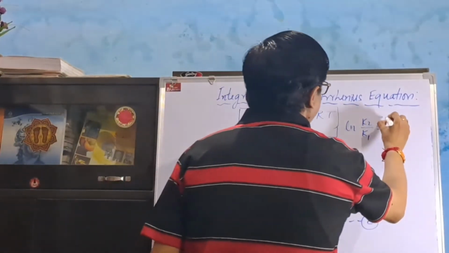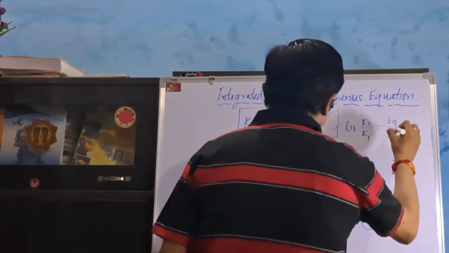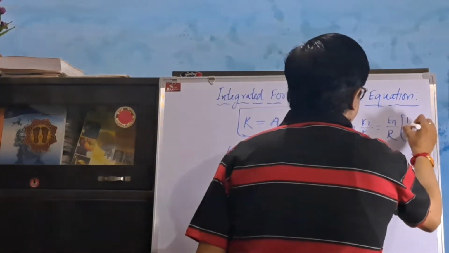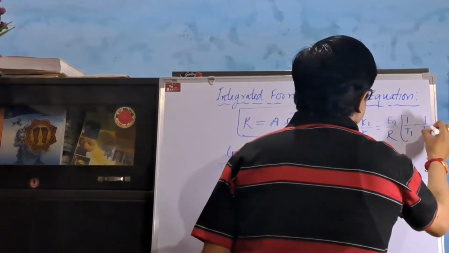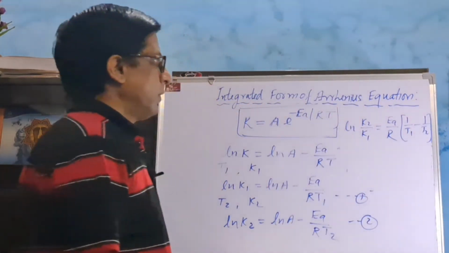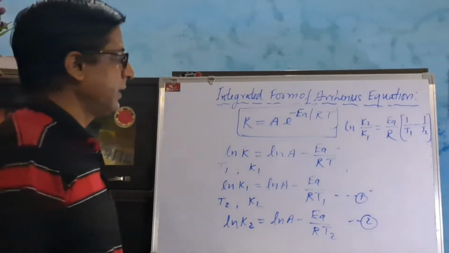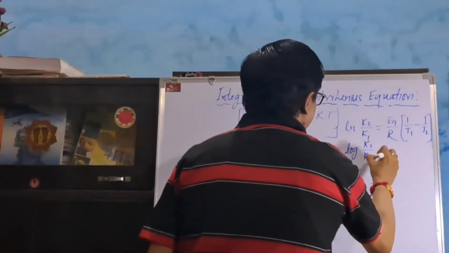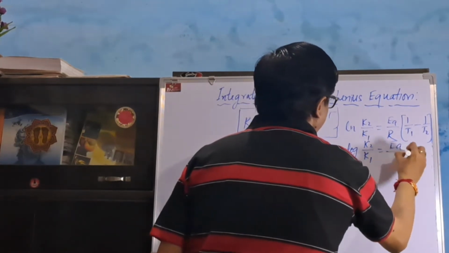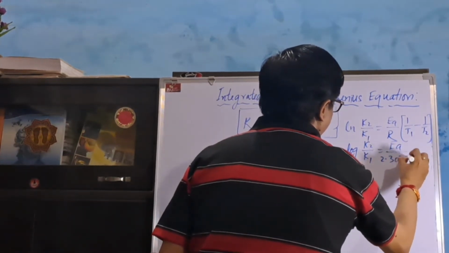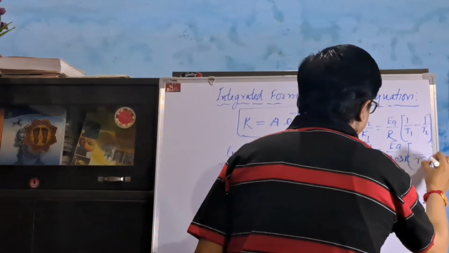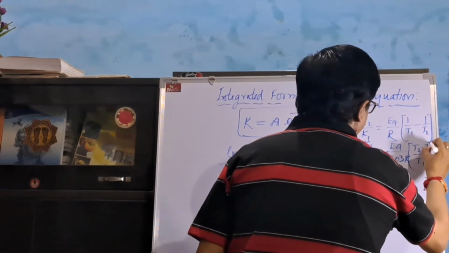ln K2 upon K1 is equal to Ea upon R within bracket 1 upon T1 minus 1 upon T2. If we convert natural log to the base 10, then we have log K2 upon K1 is equal to Ea upon 2.303 R within bracket T2 minus T1 upon T1 T2.